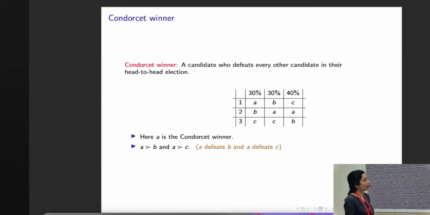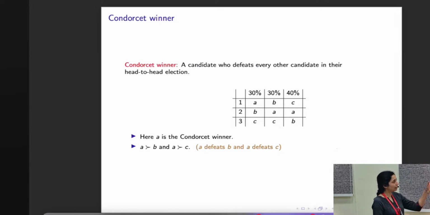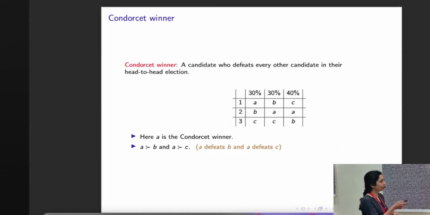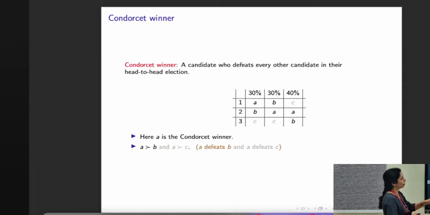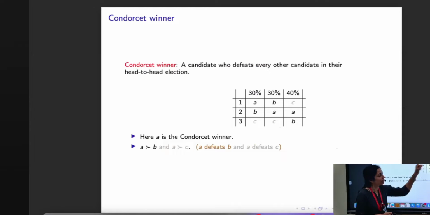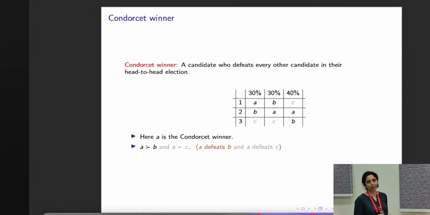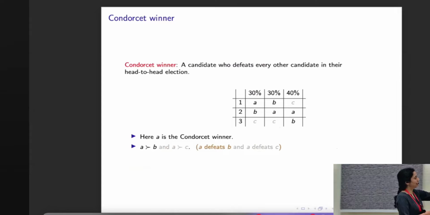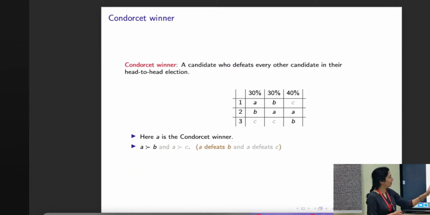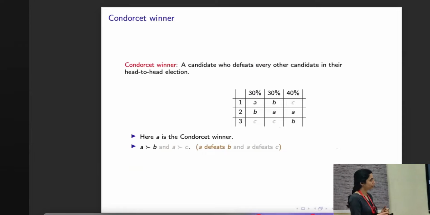And let's hold head-to-head elections between each pair of candidates. So let's compare A and B. How does the population vote? A gets 70% of the votes and B gets 30% of votes. So A wins the election. Let's use this notation to say A defeats B in their head-to-head election.